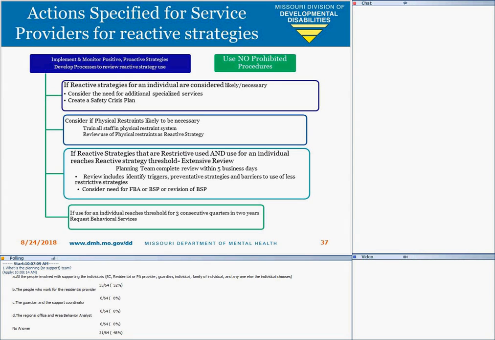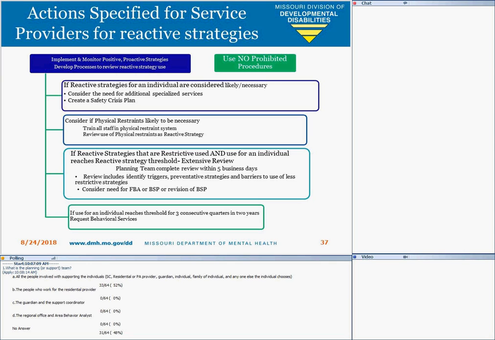If it's likely you'll need to use some kind of manual hold or physical intervention to prevent dangerous behaviors, then all staff need to be trained in that physical intervention system.